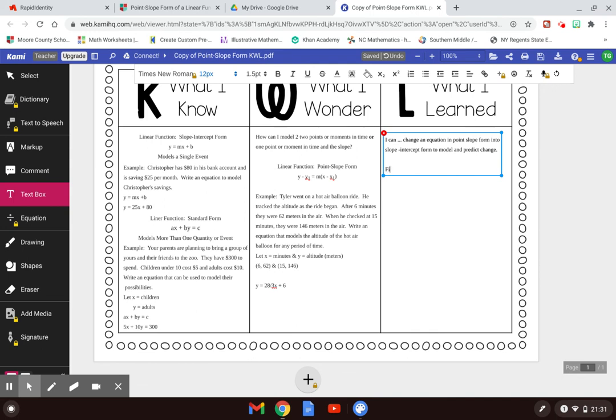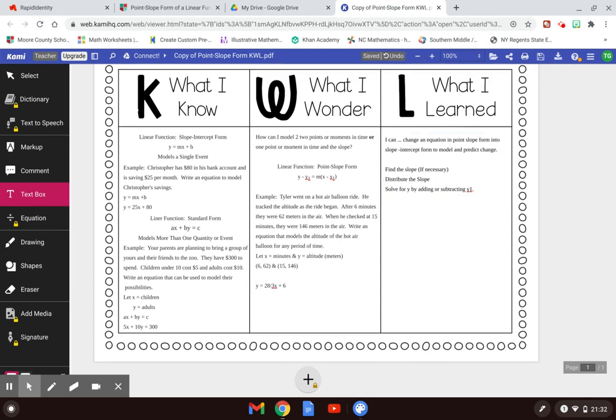And the way that we do this is we find the slope if necessary. Then we distribute the slope. And then we solve for y by adding or subtracting y1. All right, so that's what we learned today.